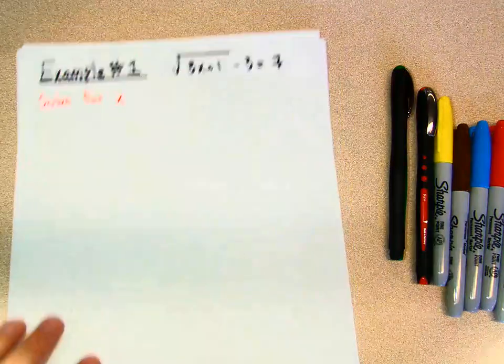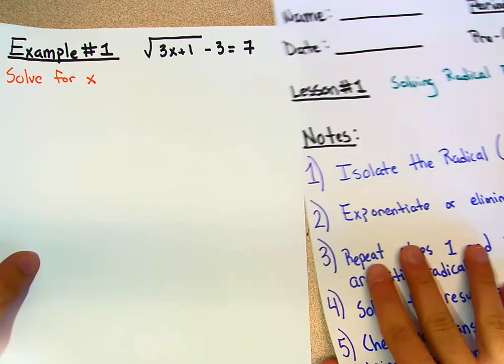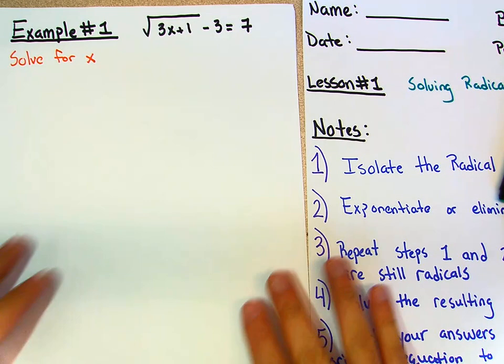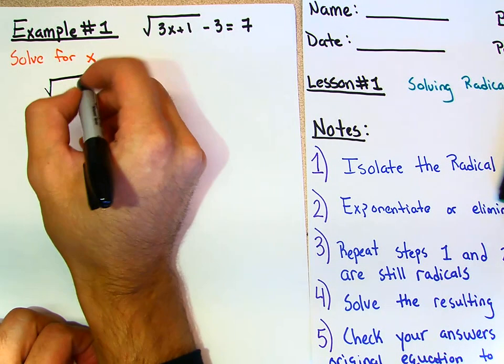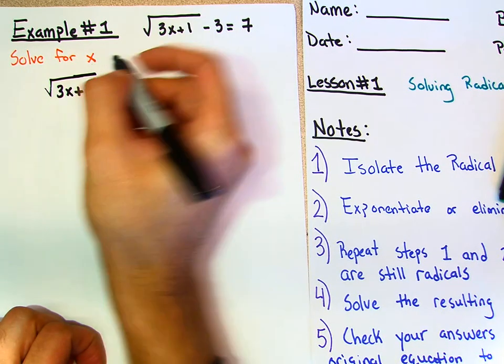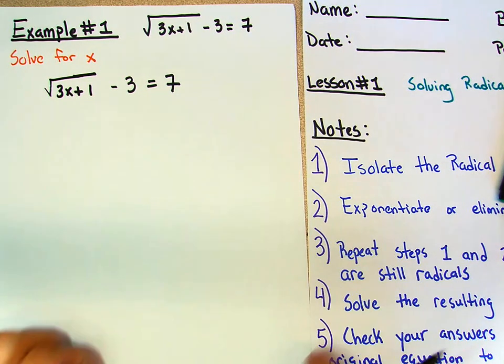So let's look at this one. I'm going to do the problem and we'll have the steps to the right side, okay? So what is the first move here? If I have square root of 3x plus 1, and make sure I have this whole thing, minus 3 equals 7, what's the first move we want?